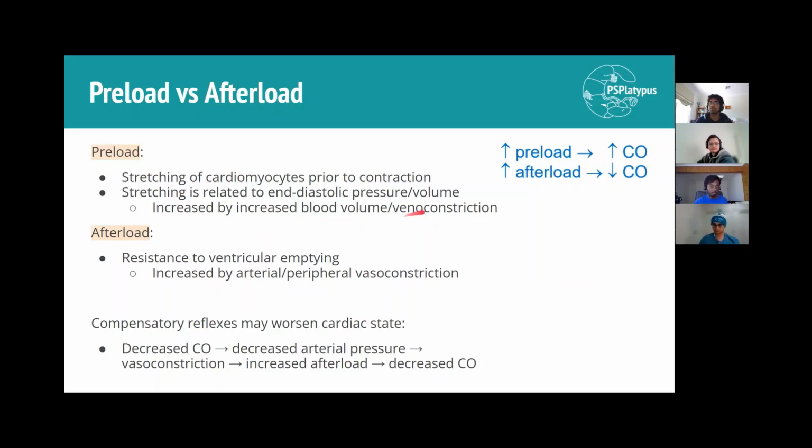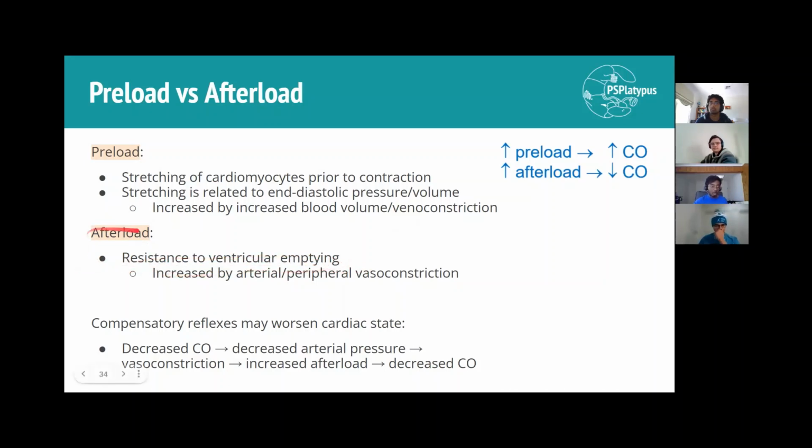So when the venous system is constricted, we have more blood in the arterial system and likely entering the heart as well, just because there's not enough room for peripheral blood to exist in the venous system. Afterload, if we think about the left ventricle again, is resistance to the left ventricle emptying.